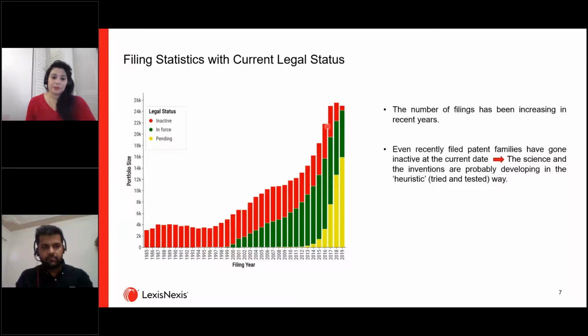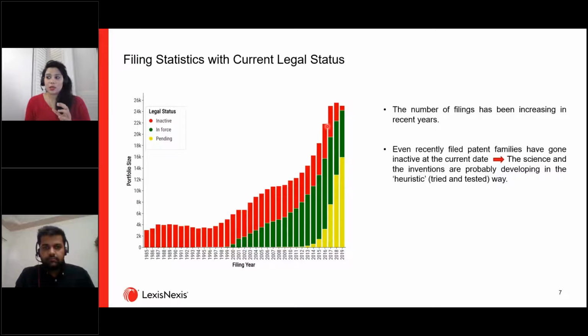Either the patents that were filed were not granted by the examiners, or the patent applicant didn't pursue them further. This gives you an idea that this field is right now an open innovation field, where R&D is going on, inventions are coming in, and attempts to protect through patents are made. However, it is still in the heuristic stage, trying and testing.